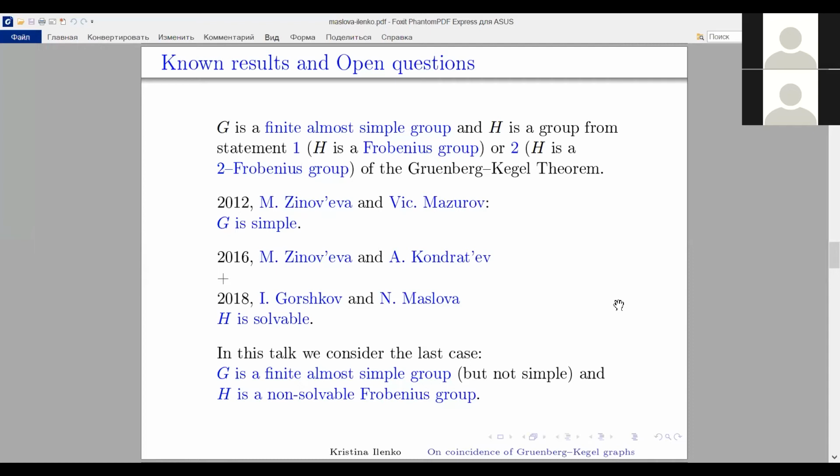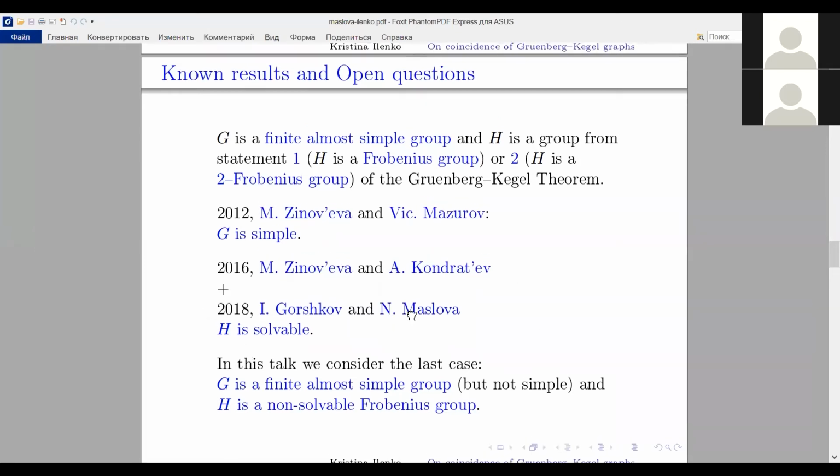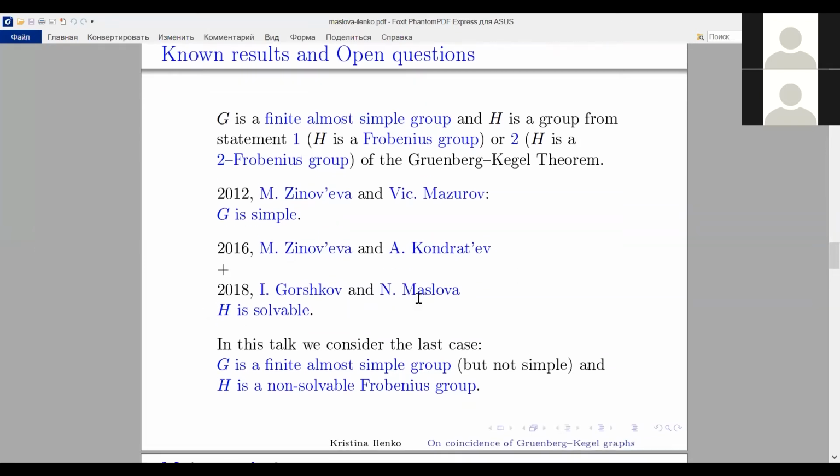Thanks to the results obtained in 2016 and 2018, we know the cases of coincidence of gamma of G and gamma of H when G is a finite almost simple group and H is a solvable Frobenius group or a two-Frobenius group.